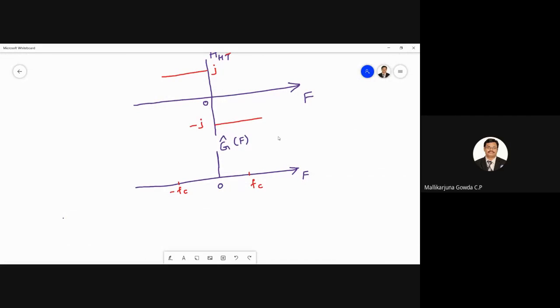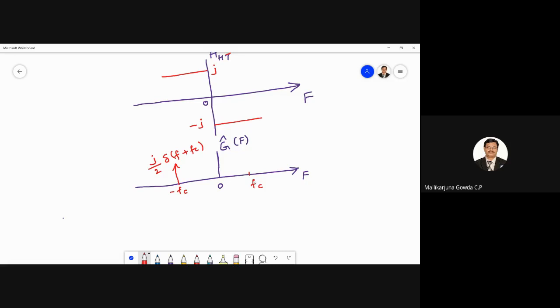So at minus fc, I can write one impulse function with magnitude j by 2 into del of f plus fc.